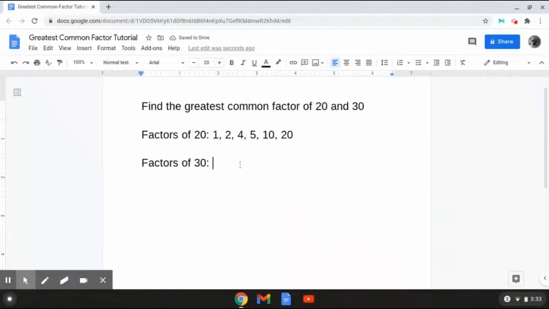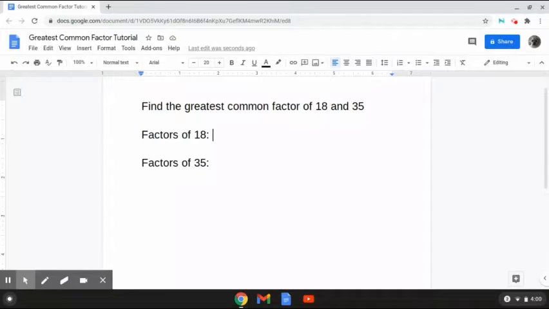And the factors of 30 are 1, 2, 3, 5, 6, 10, 15, and 30. So it looks to me that the greatest number that falls between the two is the number 10. So therefore, the greatest common factor is 10, because it is the highest number that falls between the two. And that is how to solve this problem. So I'm going to be doing a couple more with you guys.